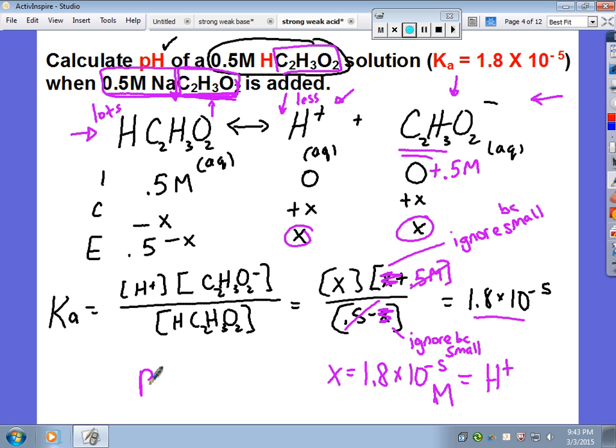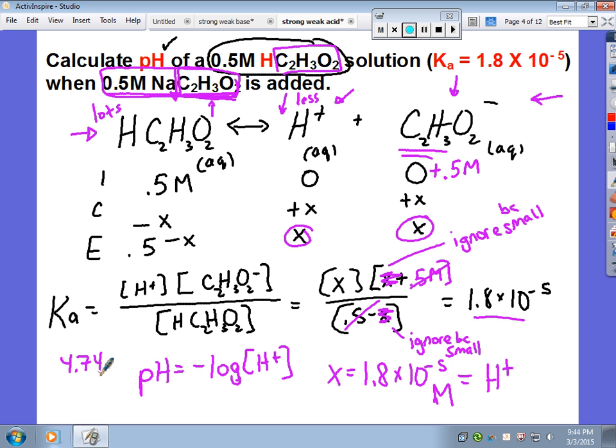I need to find the pH. How do I do that? I do negative log of my hydrogen ion concentration. And my pH is going to go ahead and be 4.74. That's my pH.